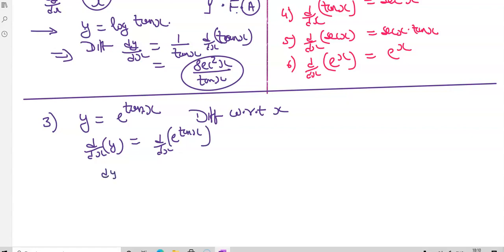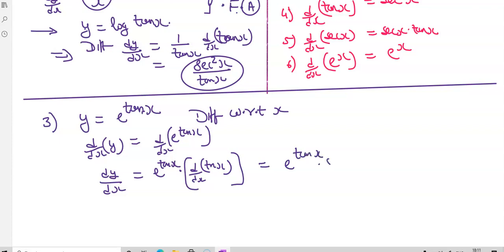This is dy by dx, e to the power 10x into derivative of 10x. Now derivative of 10x we have already told you in the basic formula. So whenever we have something which is different from x, we need to differentiate that particular thing.